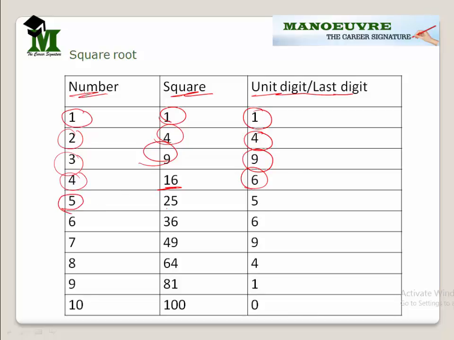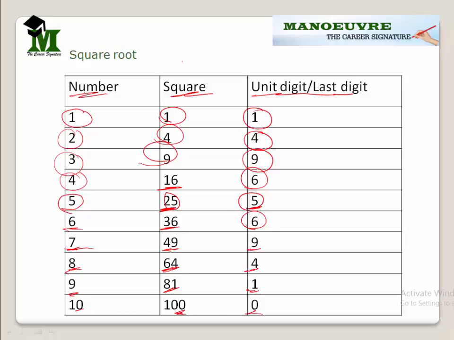Likewise, 5 square is 25, but unit digit is 5. 6 square is 36, unit digit is 6. 7 square is 49, unit digit is 9. 8 square is 64, unit digit is 4. 9 square is 81, unit digit is 1. And 10 square, the unit digit is 0 anyway.